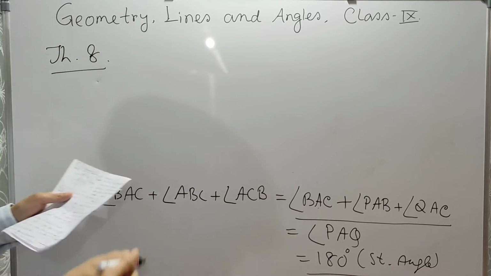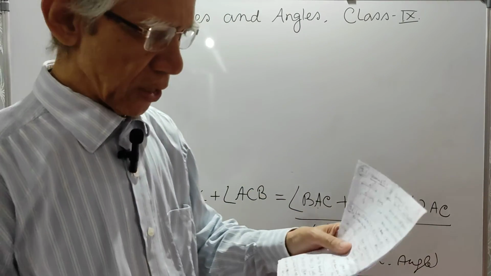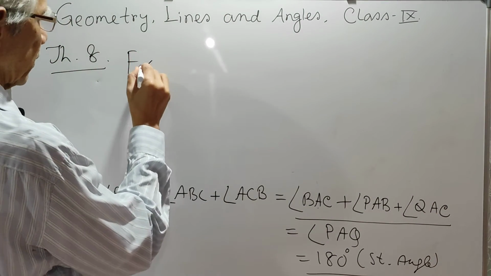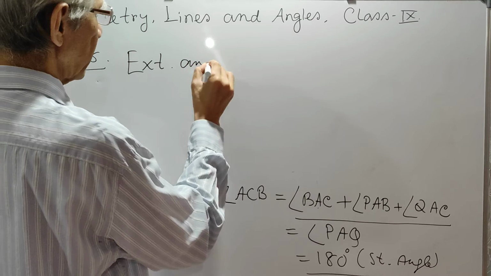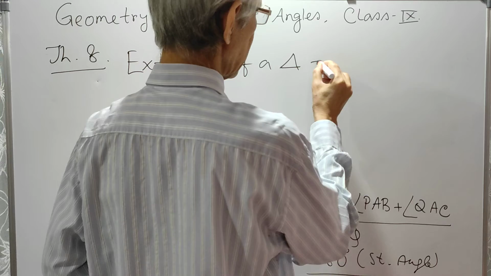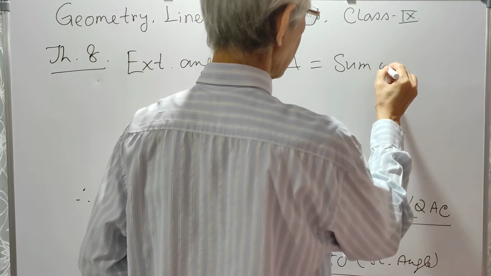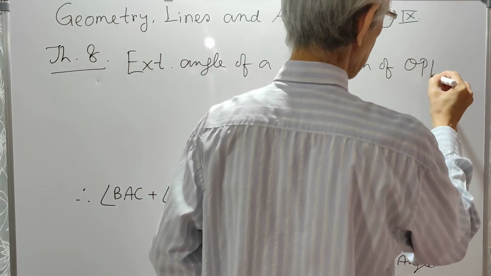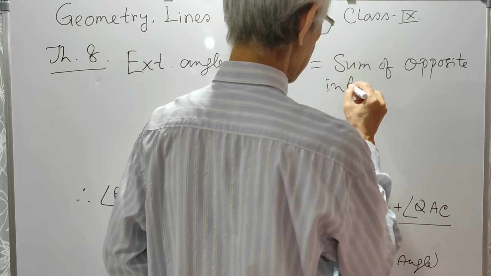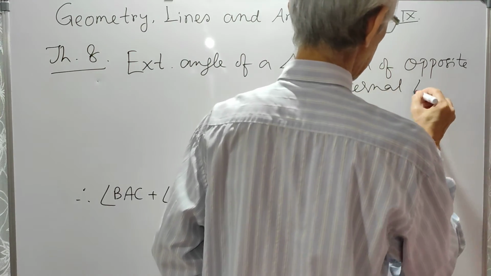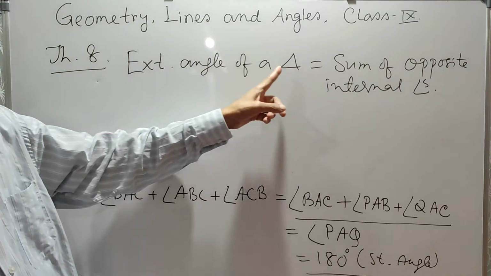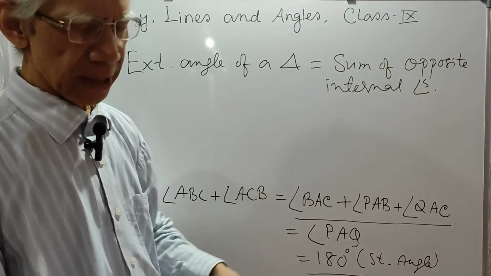This theorem says: the external angle of a triangle is equal to the sum of the opposite internal angles. This is the statement of this theorem.